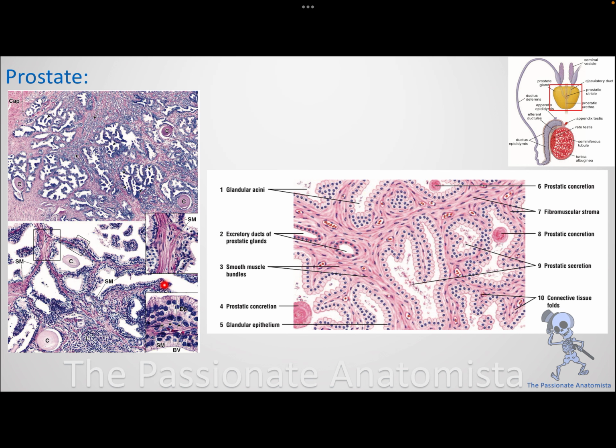Another thing that will make your life very easy in the prostate, and it's gonna give you a very important clue, is the presence of the prostatic concretions. All right, so these prostatic concretions are kind of spots, looks like ink spots, but light in color.